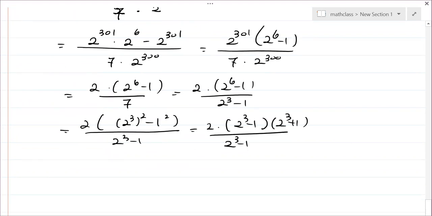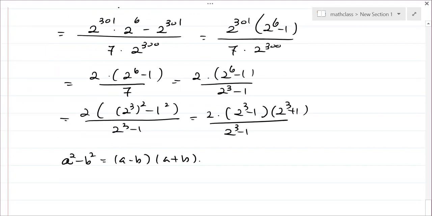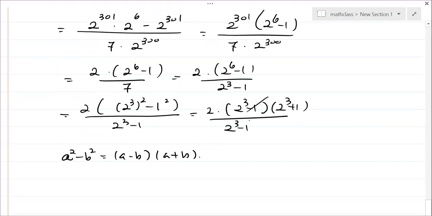The formula we are using here is a squared minus b squared equals a minus b times a plus b. So this cancels out. All you have to do is 2 times 9, which is 18, if you do the computation carefully.